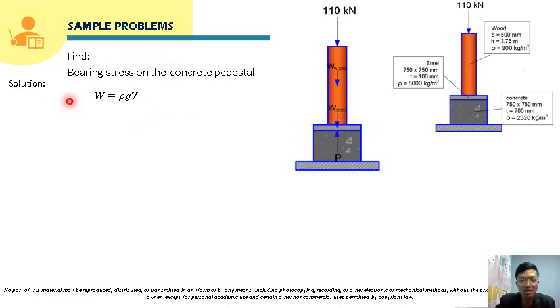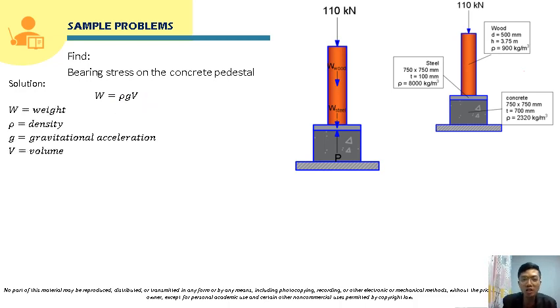Using this formula for weight, W is equal to rho times G times V, wherein W is the weight, rho is the density, G is the gravitational acceleration, which is 9.81 meter per second squared in the metric system, so we will use that, and V is the volume of the material.